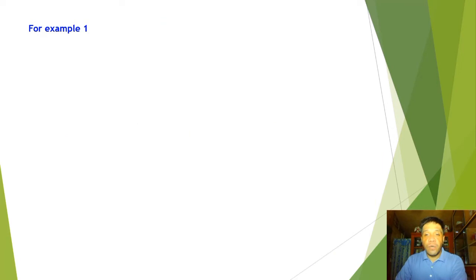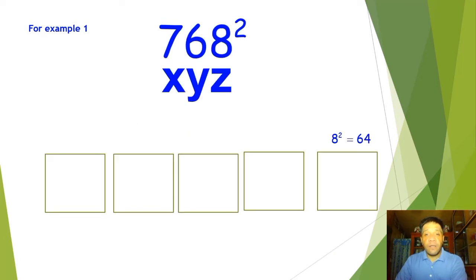What we will do here to get further inside the boxes: in the units place we have 64, so bring down 4, carry 6. Then in the tens place we have 96, the previous answer, added to 6, and 96 plus 6 is 102.